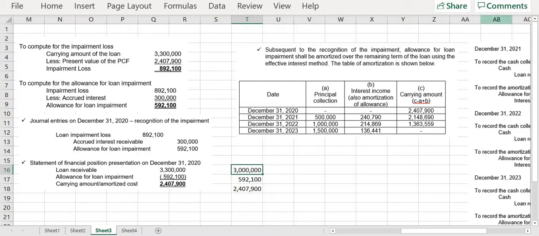So, to get the carrying amount for 2021, you get na muna the difference of principal collection and the interest income, that's 500,000 minus 240,790. The difference of this one, i-deduct mo sa carrying amount on December 31, 2020.